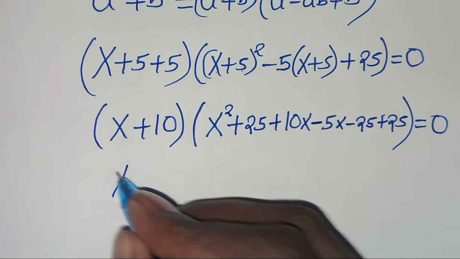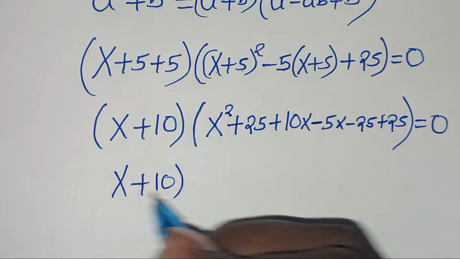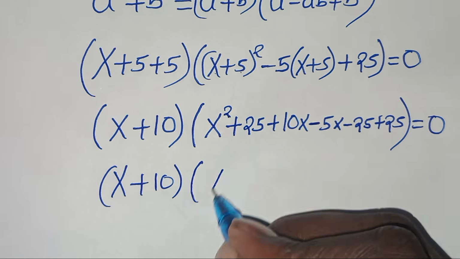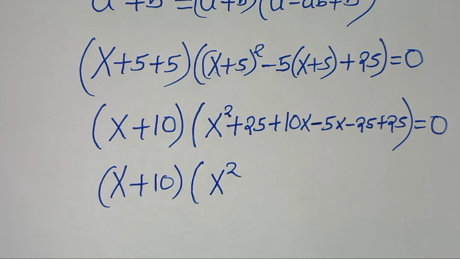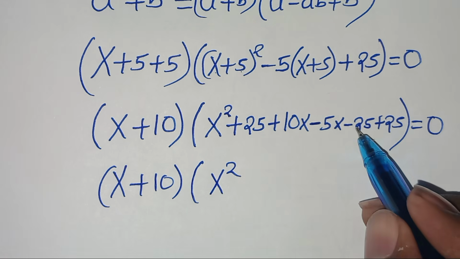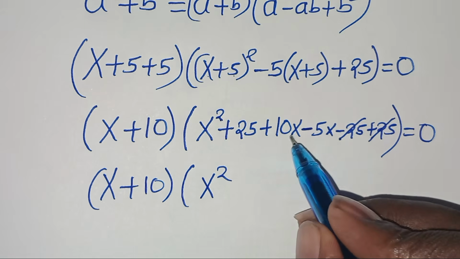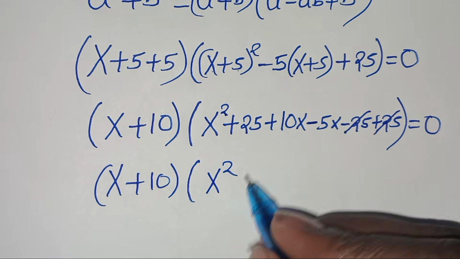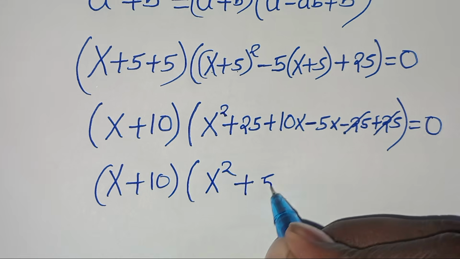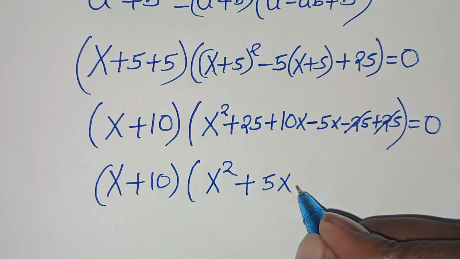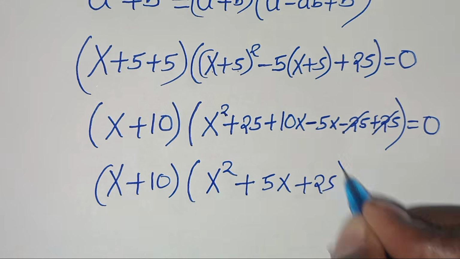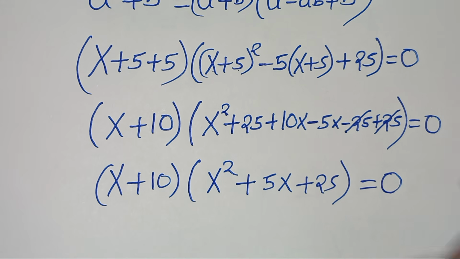Now we have x^2. Negative 25 plus 25 simplifies. Then we have 10x minus 5x, this is plus 5x. Then plus 25, this is equal to 0.